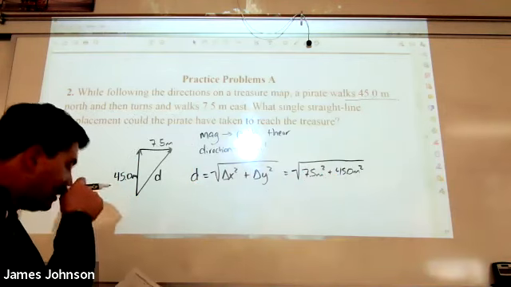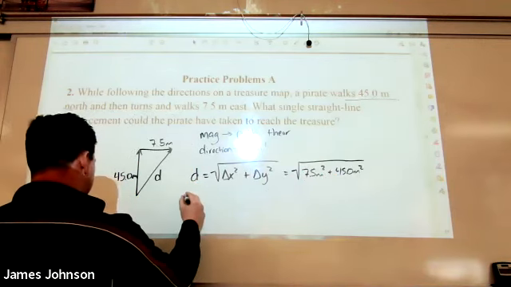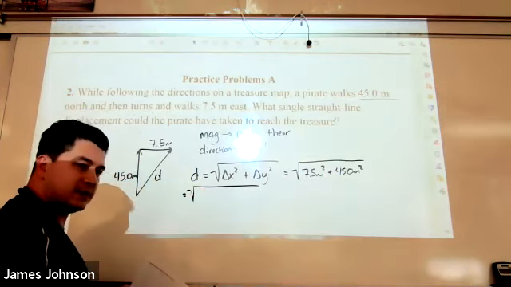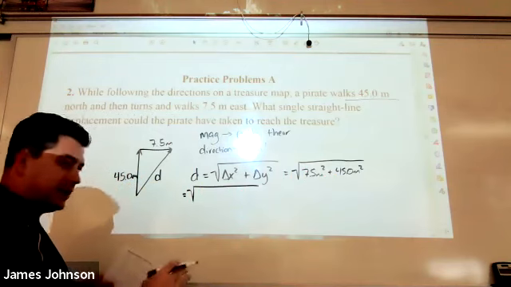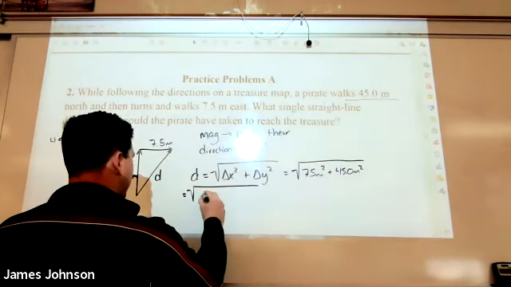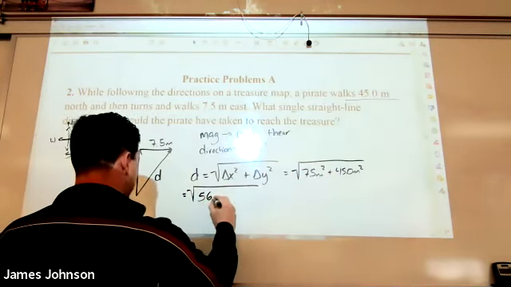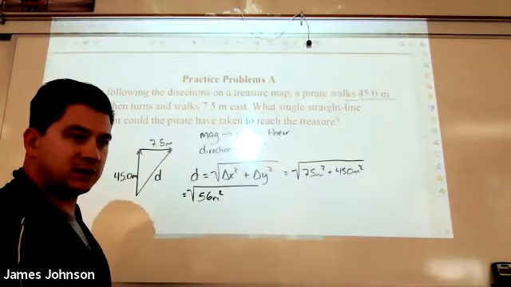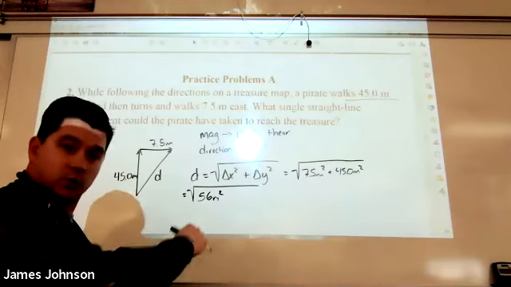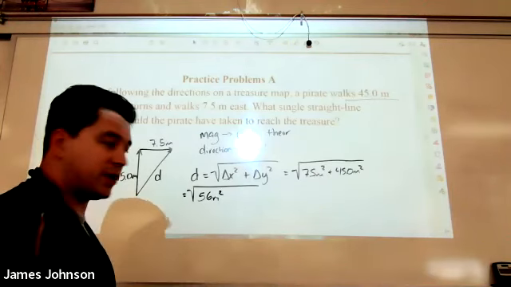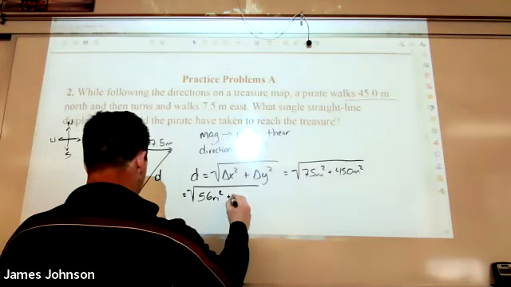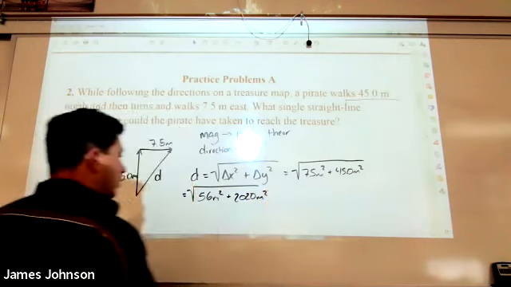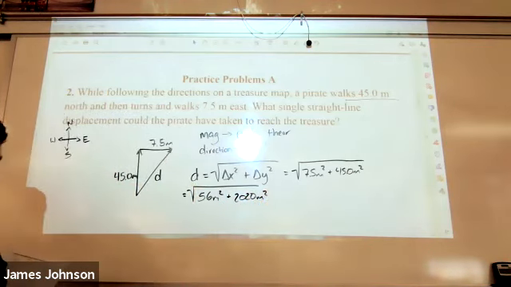Now, once I get some action with my calculator, again, I'm going to go step by step, right? So we're not going to skip any calculator steps here. I end up with 56 meters squared, right? Because 7.5 squared is 56, but meters squared is meters squared, because we're also squaring the meters. And then I have 2,020 meters squared.